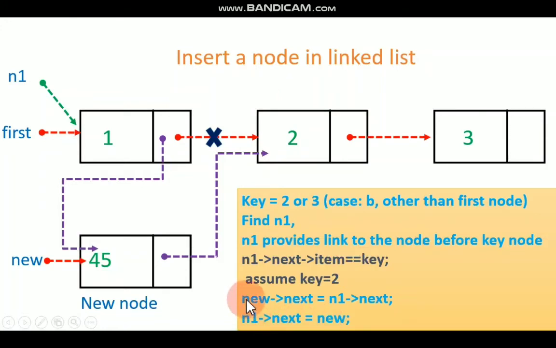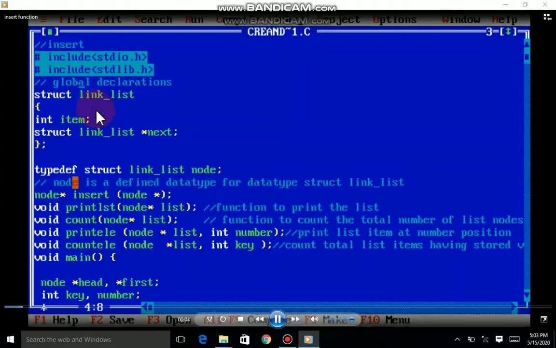So this statement comes first and this will come later. You need to be careful. So this is case B, where we want to insert a node anywhere in between the linked list. Let us see the execution of the insert function.